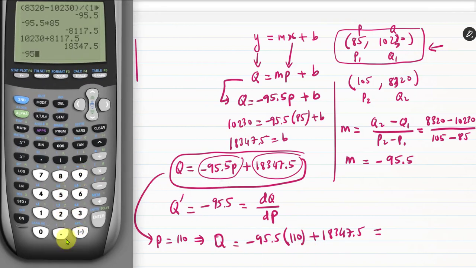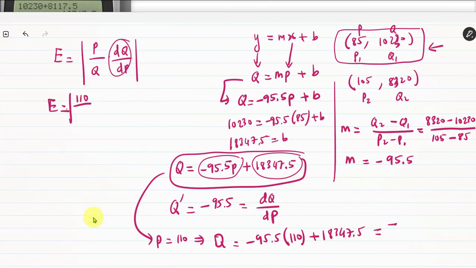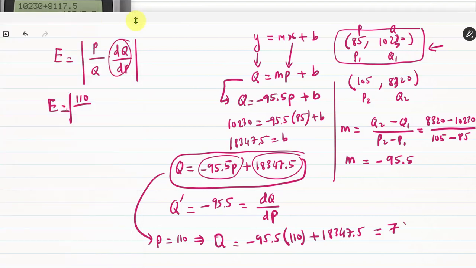Minus 95.5 multiplied by 110, and we add 18,347.5. That is 7,842.5. That is my Q when my P is 110.